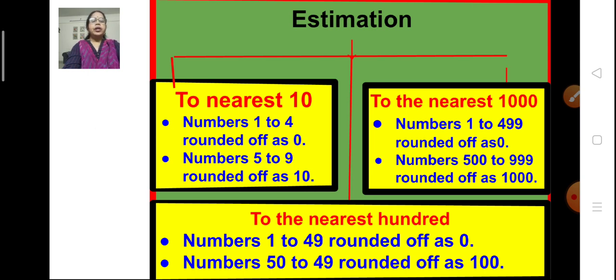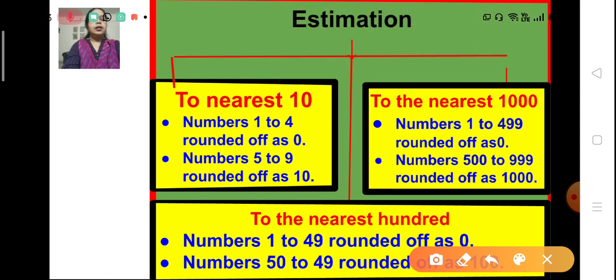And how do we round off the numbers to the nearest hundreds? Numbers from 1 to 49 are considered closer to 0 and they are rounded off as 0, whereas the numbers from 50 to 99, there is a typing mistake here, the numbers from 50 to 99 are closer to 100, isn't it?